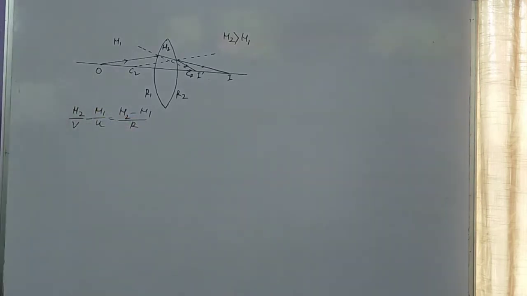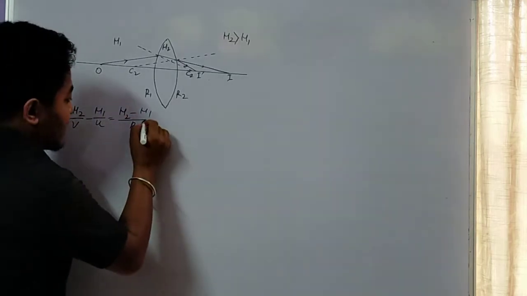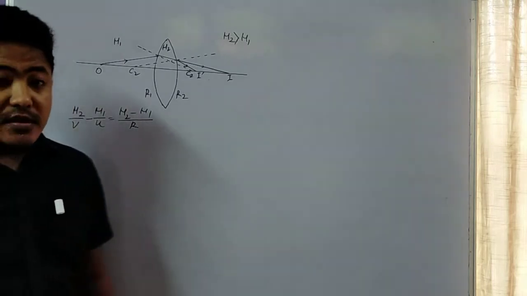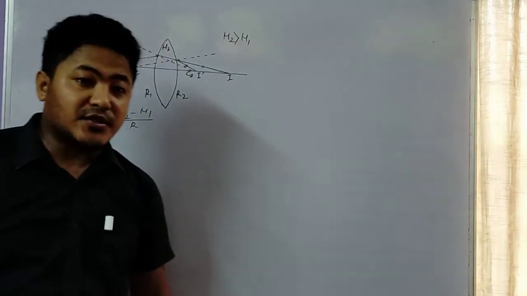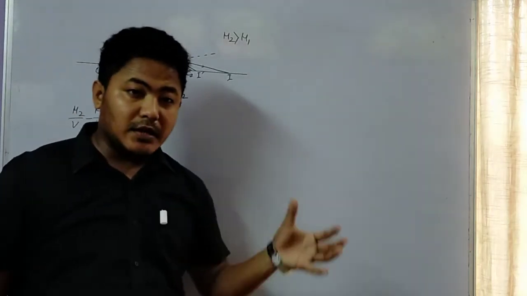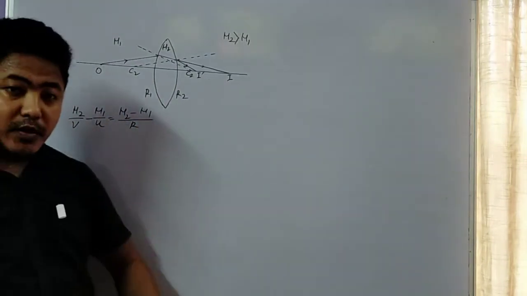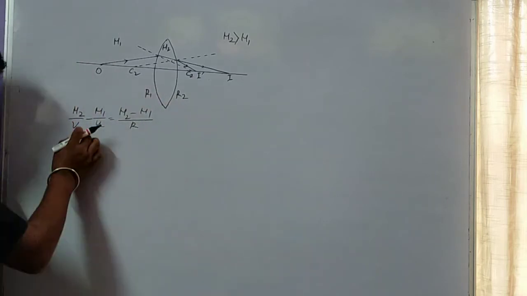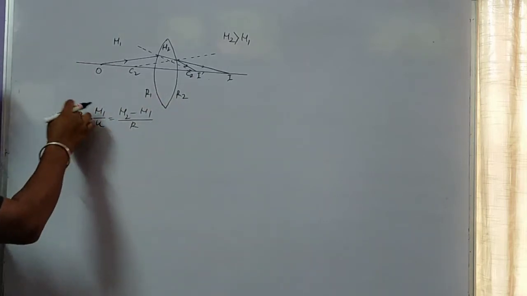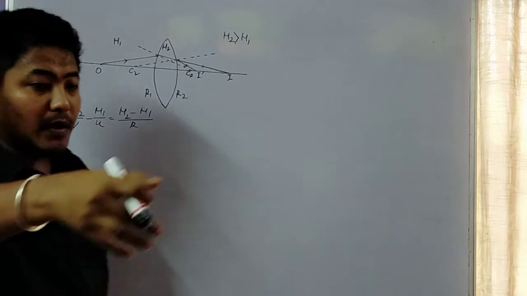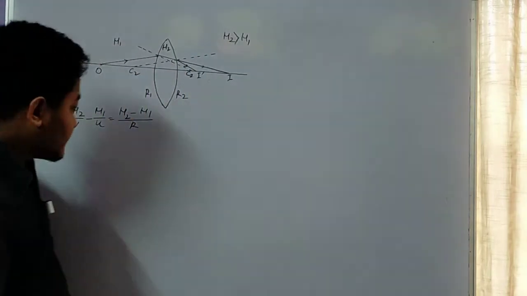That was the equation, the result of refraction at a spherical surface. And what is this? Mu2 means the medium where light enters, and mu1 the medium from where light came.